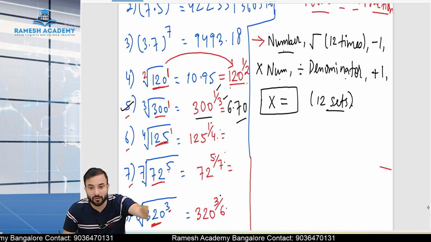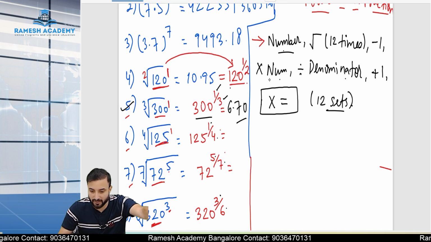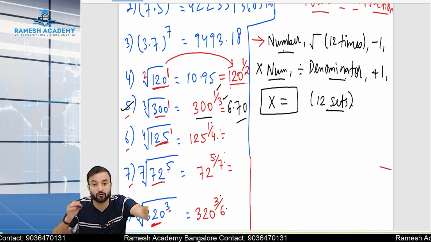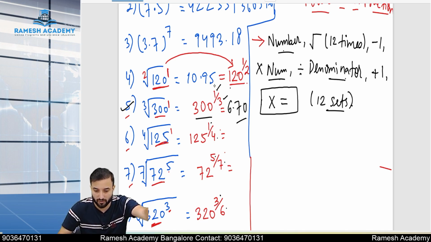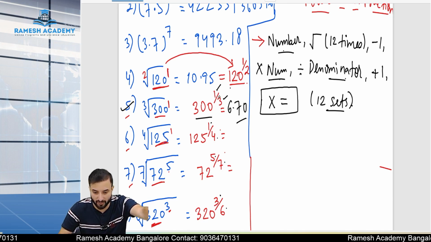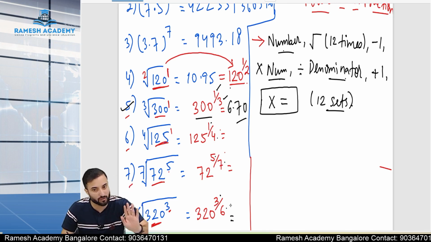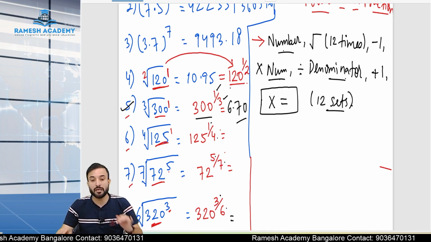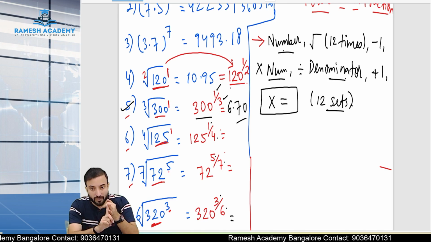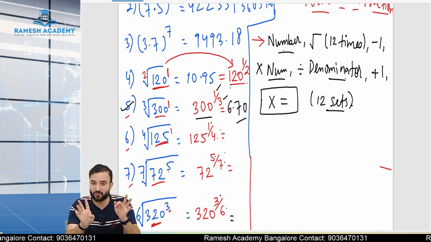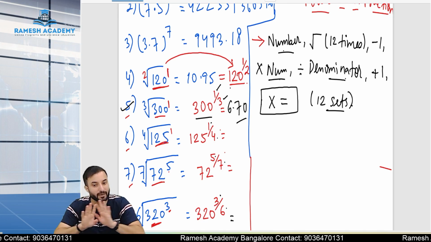So the number will be different for all, and the numerator and denominator will also be different for all. You can see the numerator denominator is 1 by 3, 1 by 4, 5 by 7, 3 by 6. So only number, numerator, denominator will be different. All the steps will remain the same.